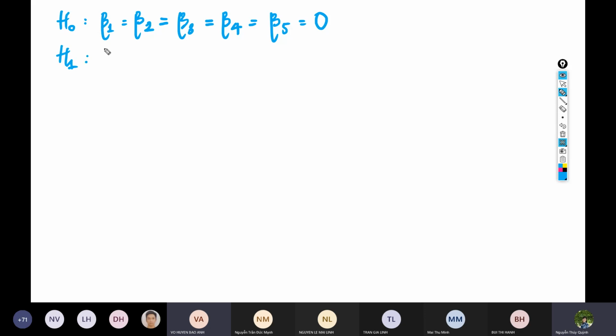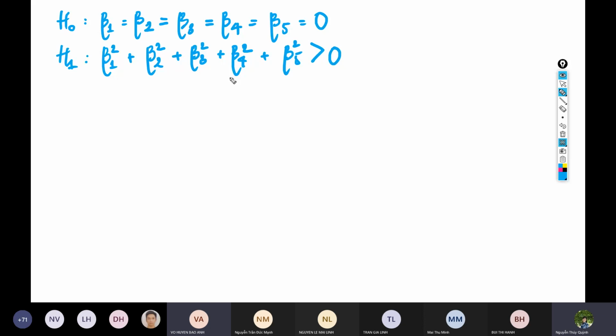Is beta 1 squared plus beta 2 squared plus beta 3 squared plus beta 4 squared plus beta 5 squared not equal to 0, or we can say that it is greater than 0. Because this is a sum of squares, if it is not equal to 0, then it must be greater than 0.